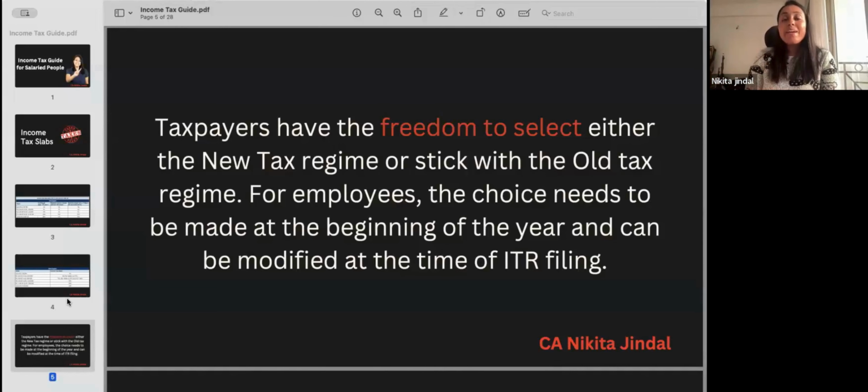You also know that under the old tax regime, you can avail a lot of deductions, but under the new tax regime, there's no deduction available. So if your income is up to 7 lakh, the new tax regime is best. But if your income is more than 7 lakh, you have to consider what deductions you have and what is the best tax regime for yourself. And you have to choose accordingly. And this you can do every year.